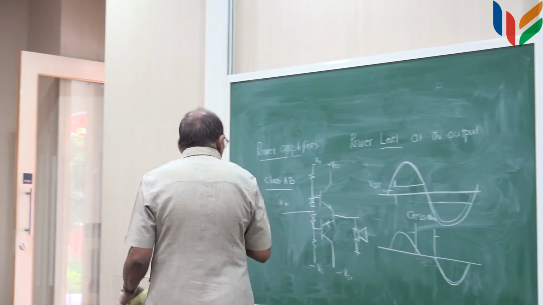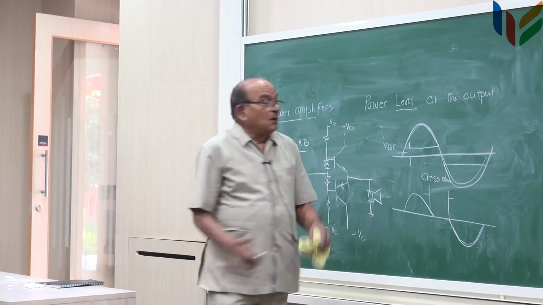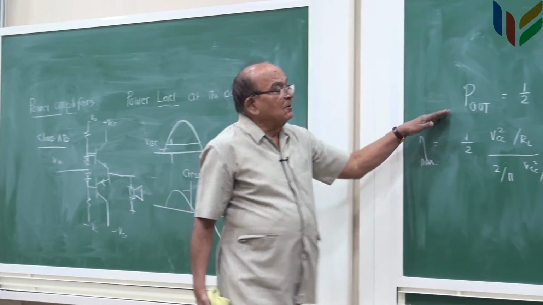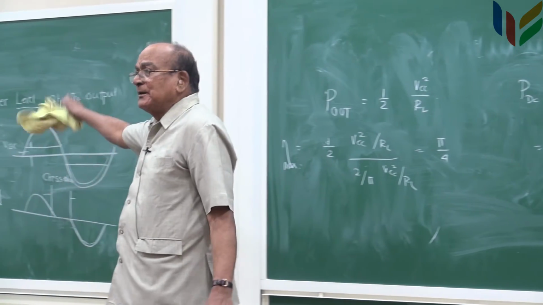Okay. The next question is, what is the dissipation in the devices? PDC minus Pout, where does it go? It goes into dissipation.